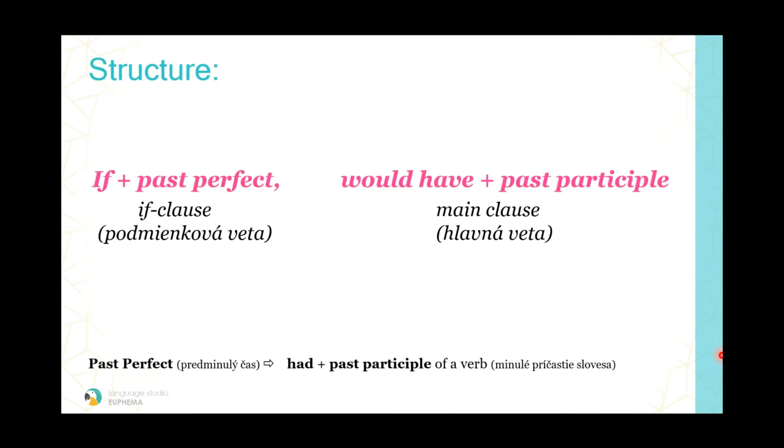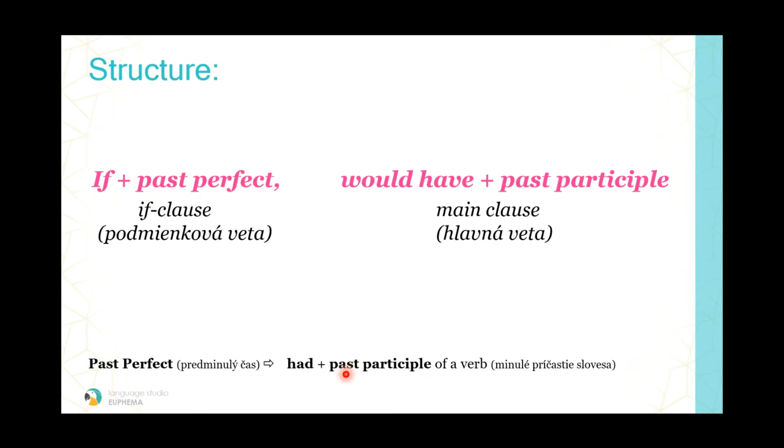Now, the structure of the third conditional is, as usual, there is this if clause. In the if clause, we have to use, logically, if. And after if, you have to use past perfect. Past perfect, here you can see that it's basically had plus past participle of a verb.